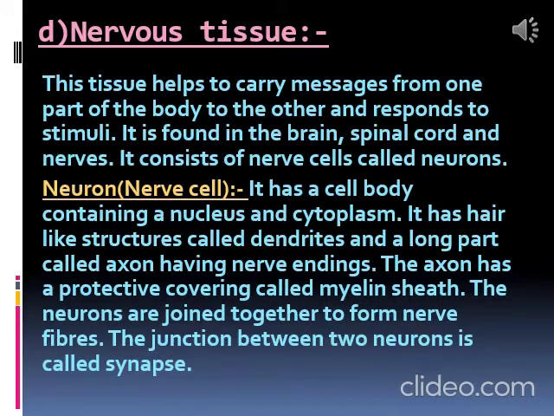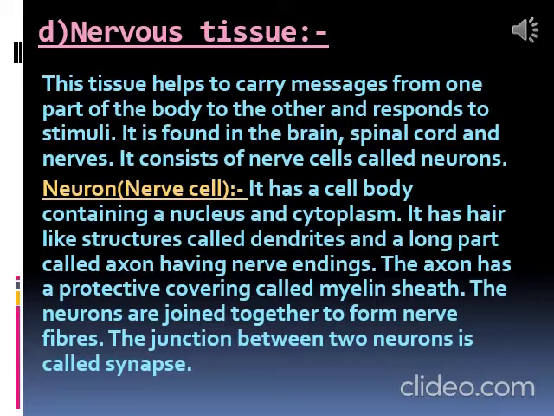However, integration and long distance rapid transmission of stimuli is possible with the help of the nervous system only. This type of tissue is found in the brain, spinal cord and nerves. It consists of nerve cells called neurons. So these neurons together form nervous tissue.